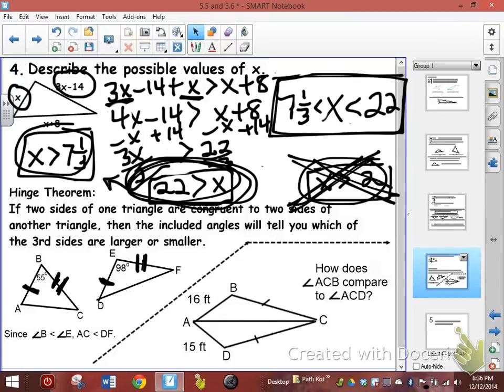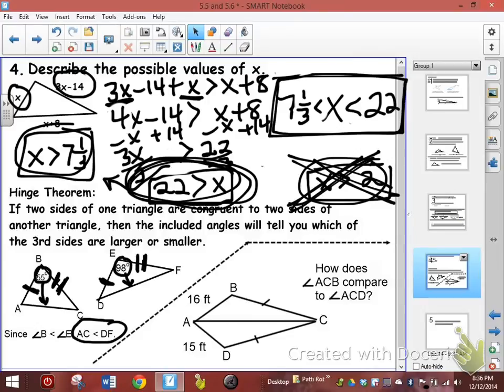So you have to have 2 sides in one congruent to 2 sides in the other. And then you look at the angle that's in between both of them, and those are the angles you actually compare. So since angle B is 55 and it's smaller than the 98, that makes angle B smaller than angle E, when you look at the sides opposite, that makes their sides go in that same order. So AC will be smaller or less than DF. So that's what I wrote right there.